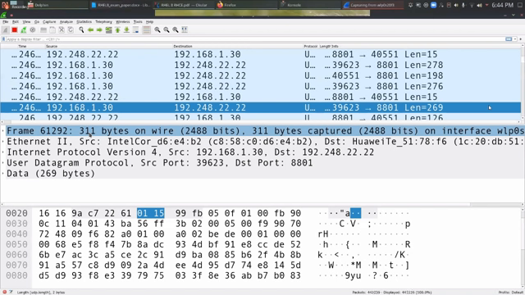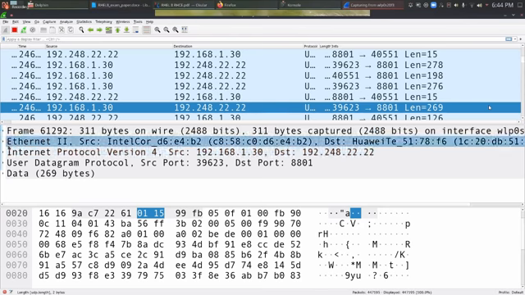From the application layer, they are going to add different headers from top to bottom. In the application layer, they are not going to add anything. Then they will add the TCP IP header, then the IPv4 header. And finally, they are going to add the frame header, that is called the Ethernet header. You can see the final list. They are saying the size is 311 bytes, 311 bytes.